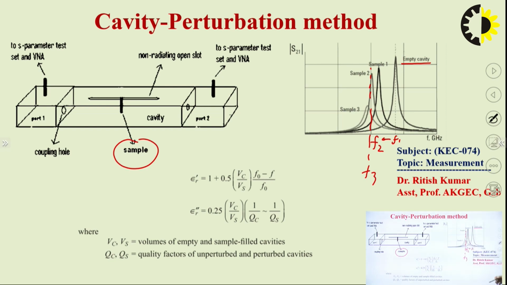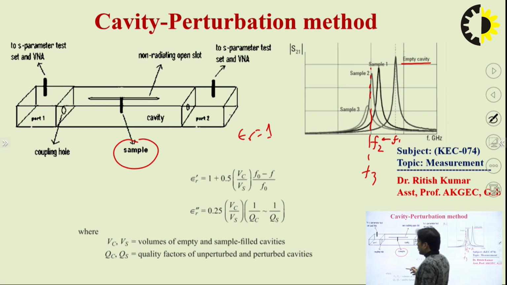The question arises: why does the frequency shift to the lower side? Without the sample, the medium inside the cavity is vacuum or air, so the dielectric constant is always epsilon r equal to 1.